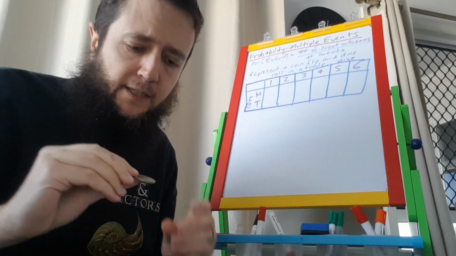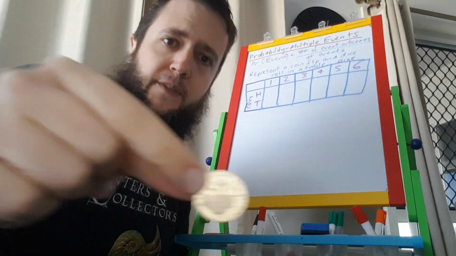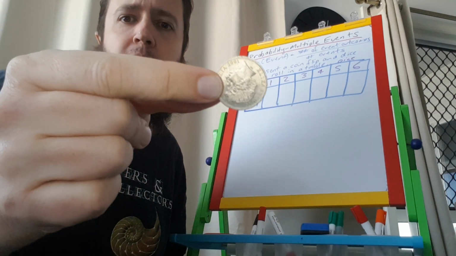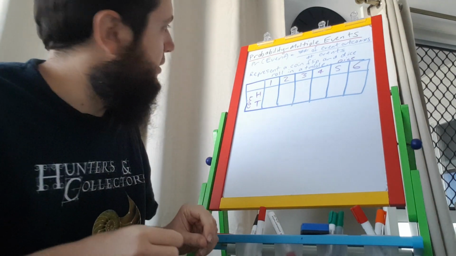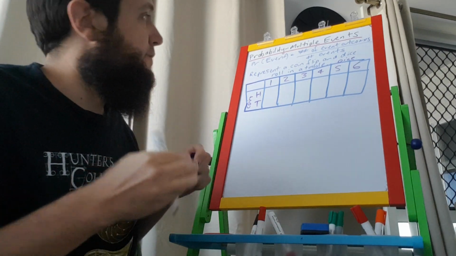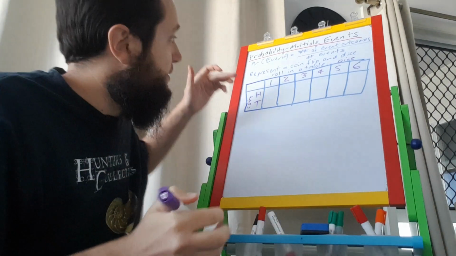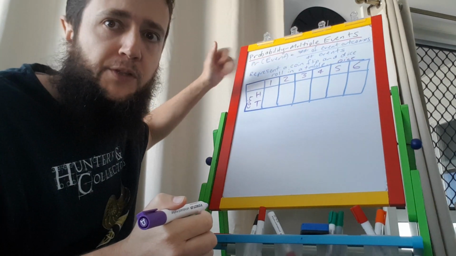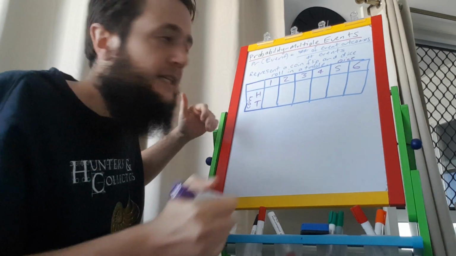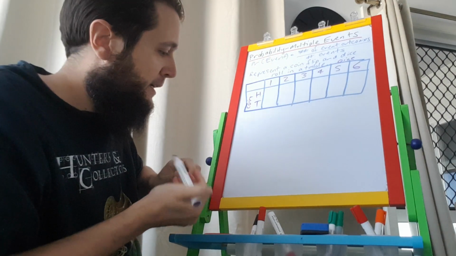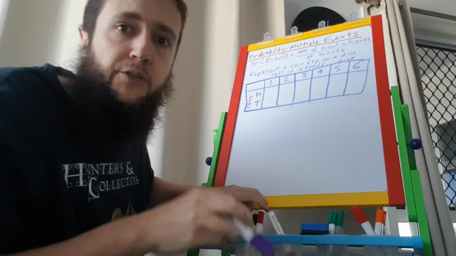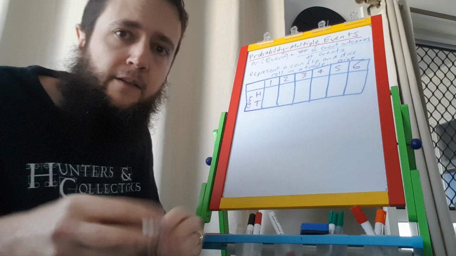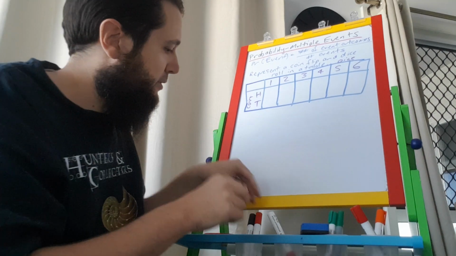The heads is the one that has the face on it. I'm not sure who this is, but you might. So the different combinations we can then fill out in the table. So one of our outcomes is here. The dice can be anything from 1 to 6. The coin can be heads or tails. We fill out this bit here, and it will tell us all the different possibilities that we can get from our coin flip and dice roll.